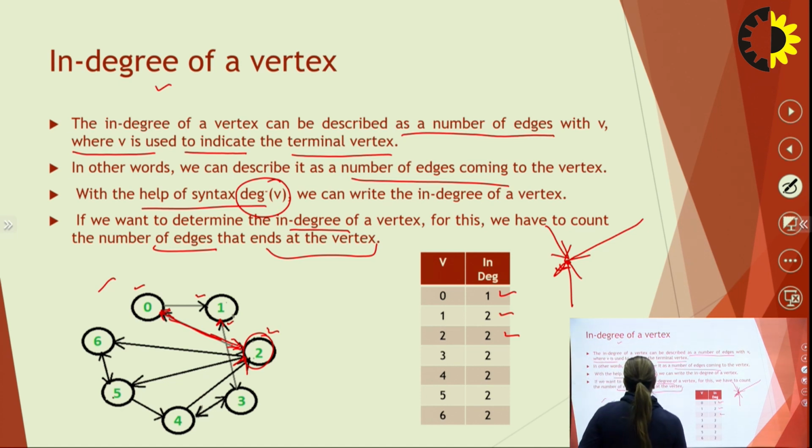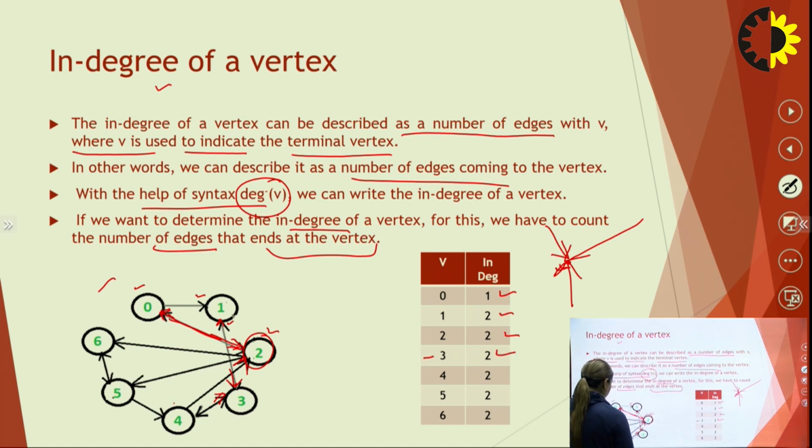This is originating on 0 and 2, and terminating on 0 and 2 also, so it will be counted in both cases. Now let's discuss vertex 3. This edge is incident on it and this edge is incident on it. Both these edges terminate at 3, so the in degree of 3 is 2.